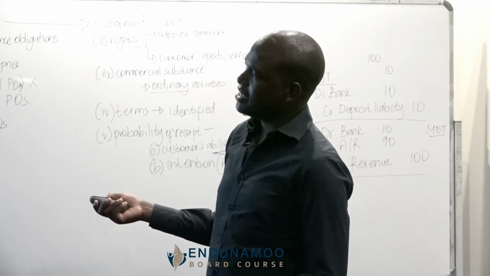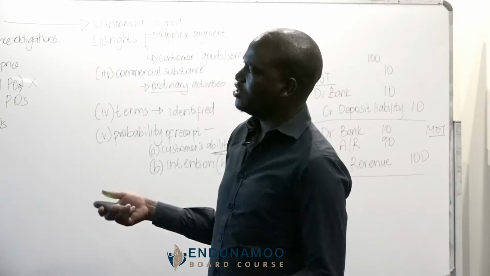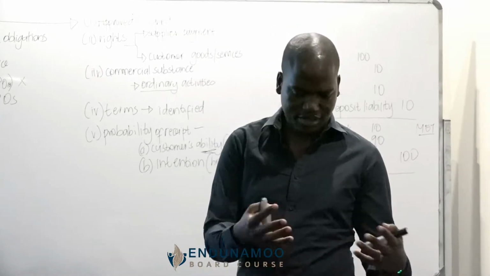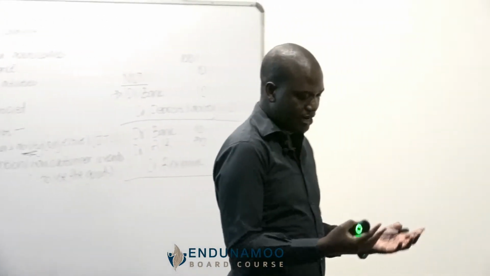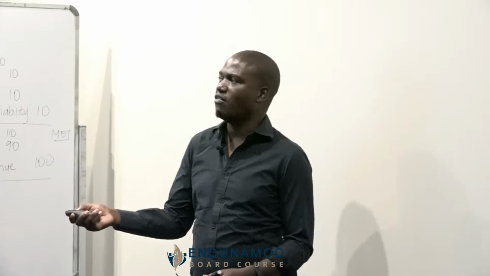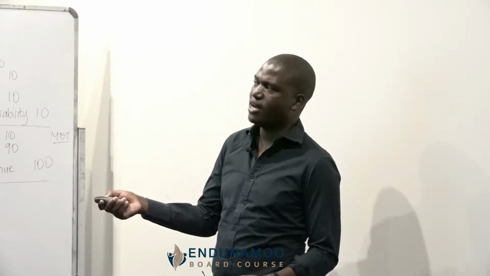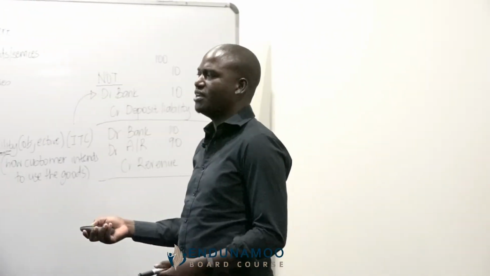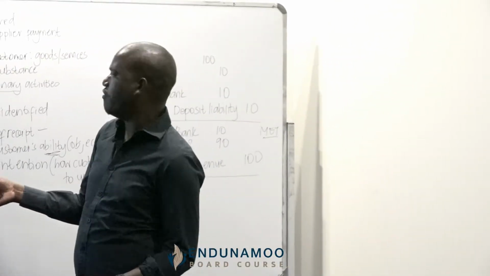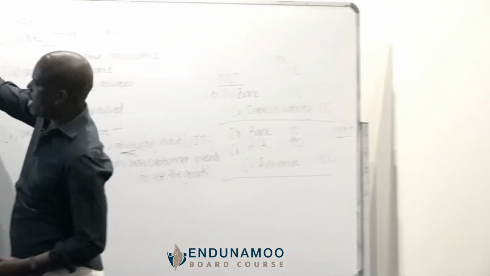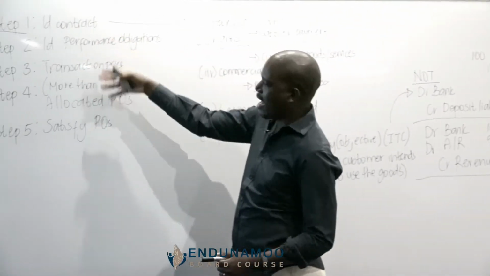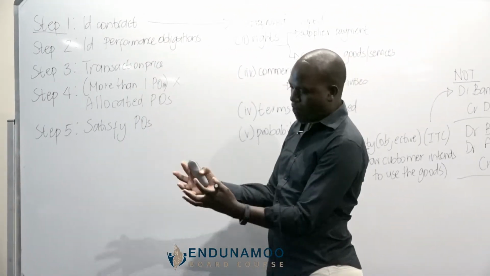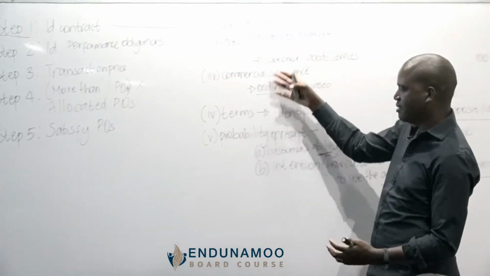It says that if you enter into a contract with the same customer and the commercial substance of that contract is actually what? It's meant to be considered, or it's got a single commercial objective. Then they're saying that instead of applying these requirements for the different contracts that are there, you might need to combine the contracts and assess them together.